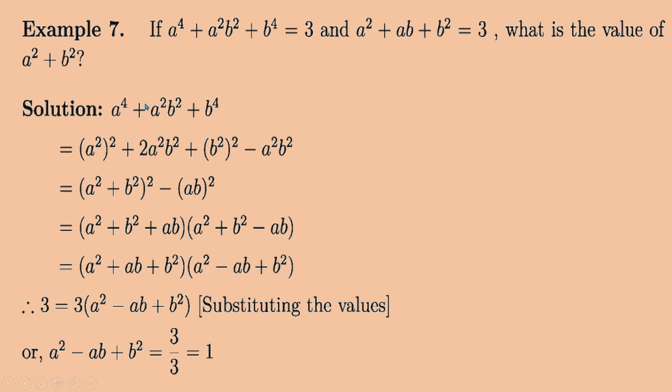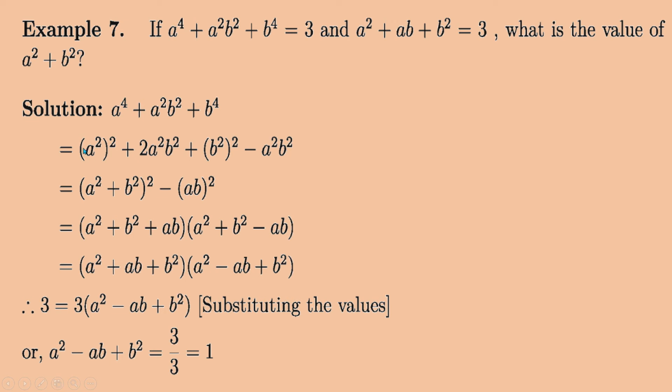Here given a to the power 4 plus a square b square plus b to the power 4, we can write this as (a square) whole square plus 2 into a square b square plus (b square) whole square minus a square b square, because here is given only a square b square but we have written 2 into a square b square. So for matching this we have to subtract a square b square.